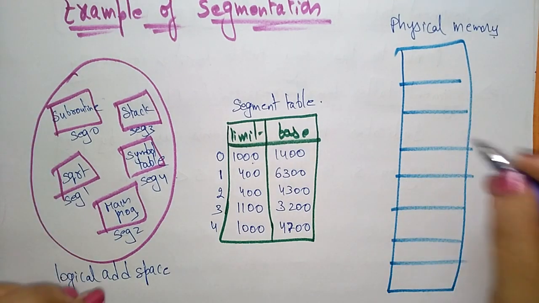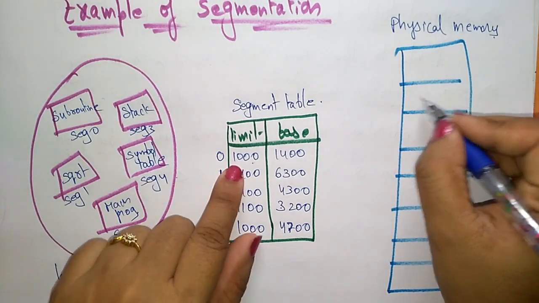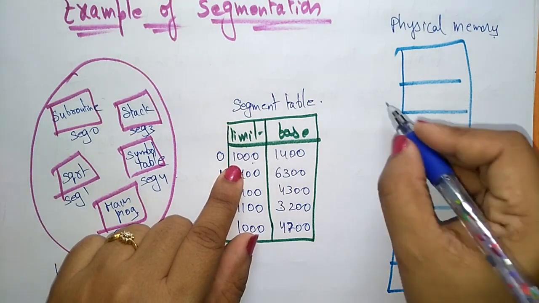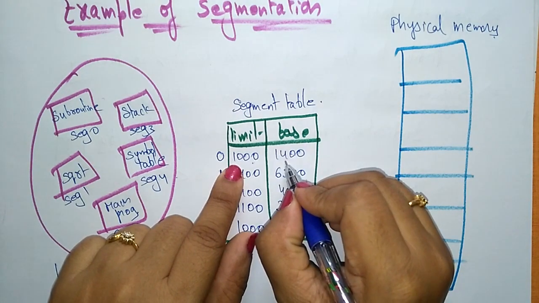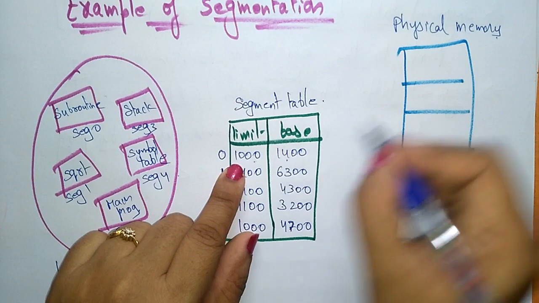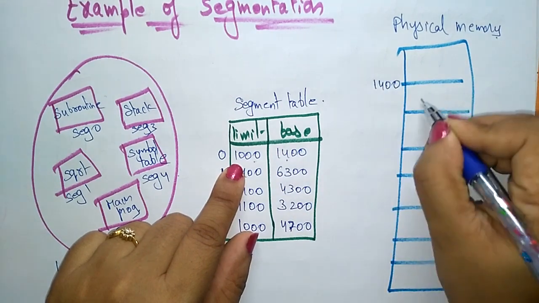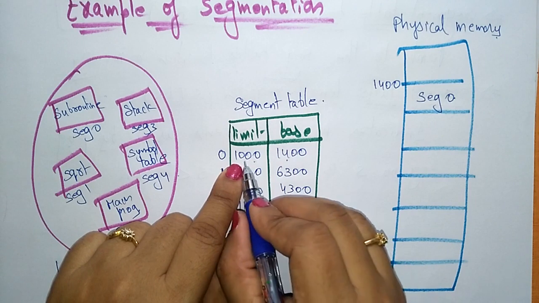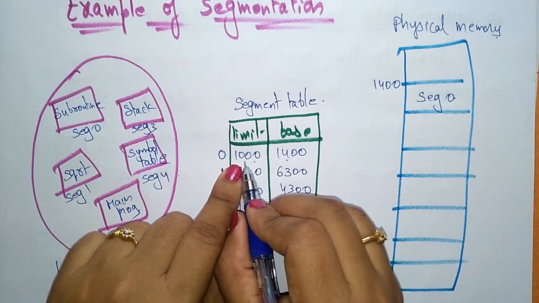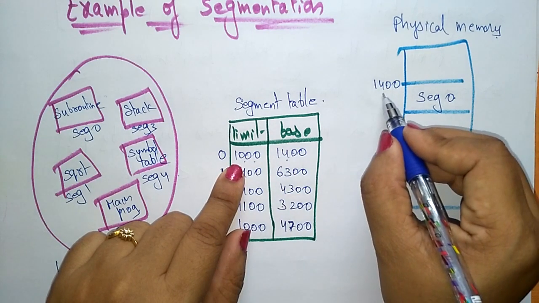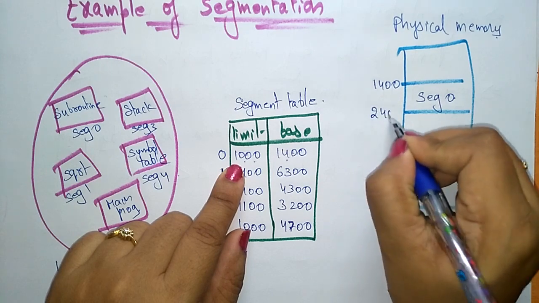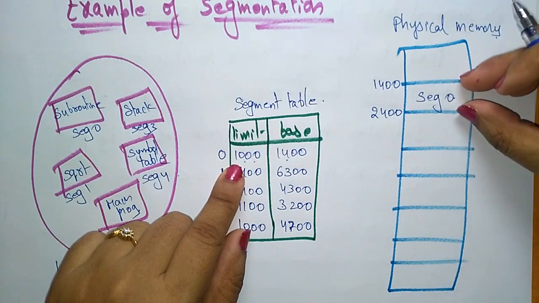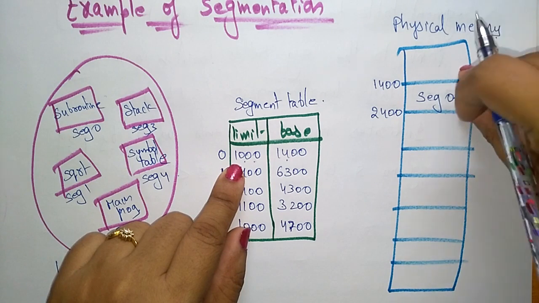First, segment 0. The base address, the starting address of segment 0, is 1400. The length of that segment is 1000, so 1400 plus 1000 gives 2400. So segment 0 is stored in this location.